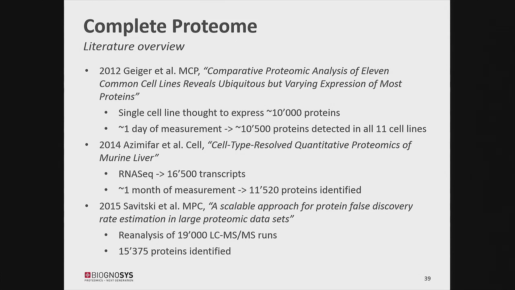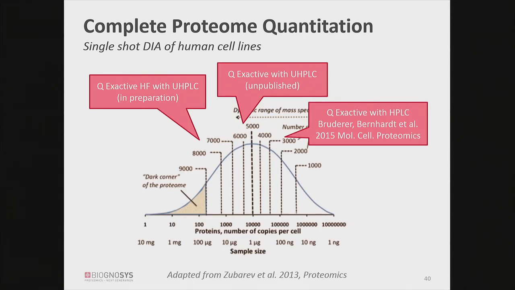They corrected their number down to roughly 15,000 proteins if you treat the protein error rate correctly. So this is the protein coverage if you do extensive fractionation. Maybe you can get close to these numbers in the near future with single shots without fractionation, which is interesting to us.